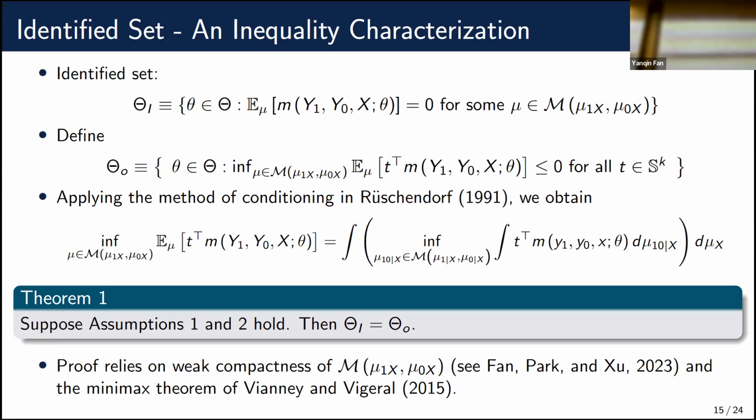This is exactly an optimal transport cost with ground cost given by this one. So at the most general level, we have characterized the identified set of theta star in terms of a continuum of inequalities involving optimal transport cost.